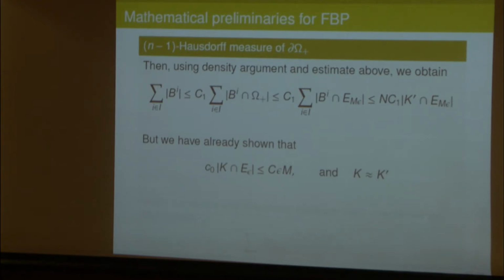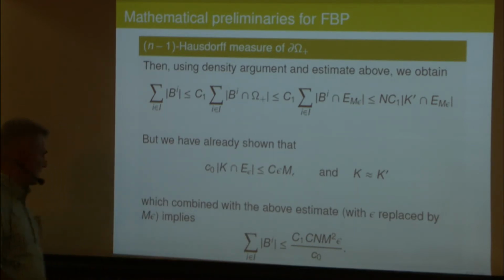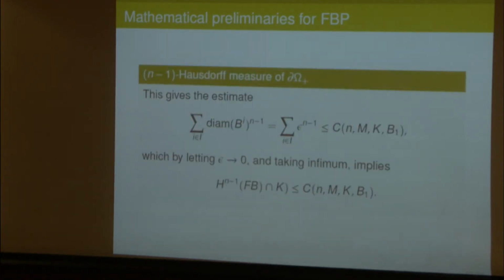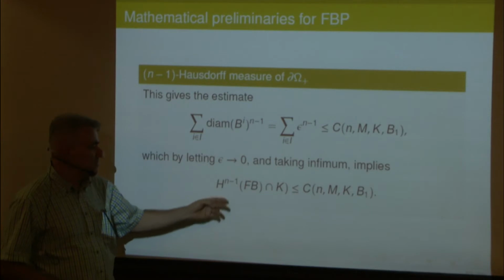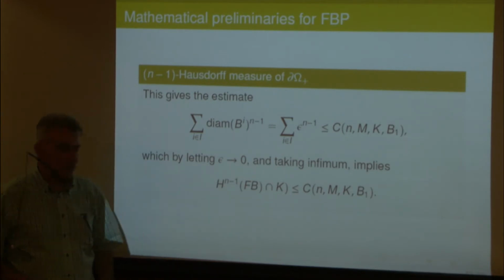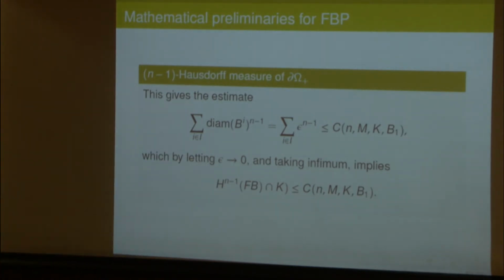This is like the fine structure of the whole proof. And then you get the volume is bounded like this. And this is exactly the lim inf. And you're done. That's it. So the dimension will be less than a constant, and the measure will be less than a constant. So the Hausdorff measure of the whole free boundary set is controlled.